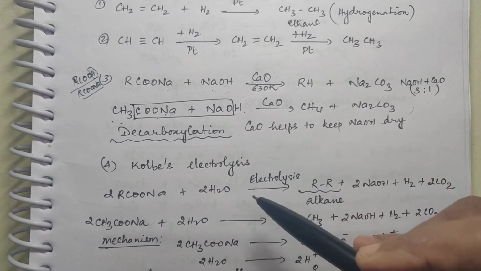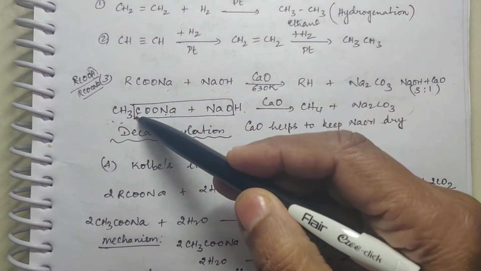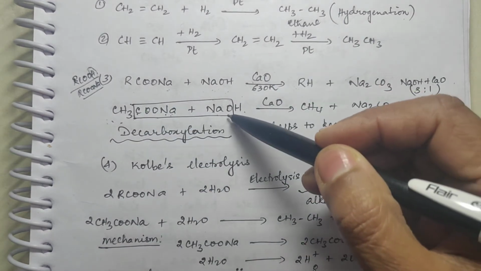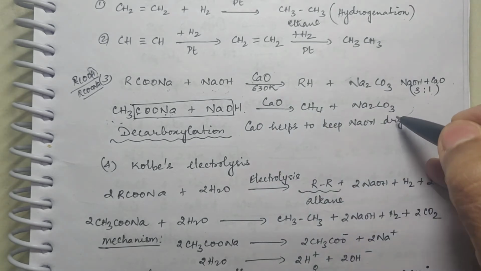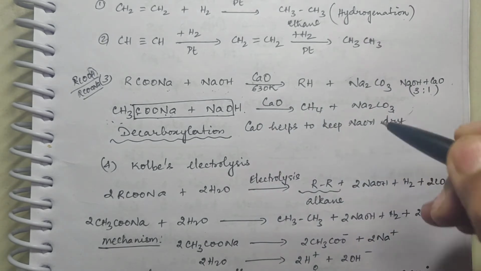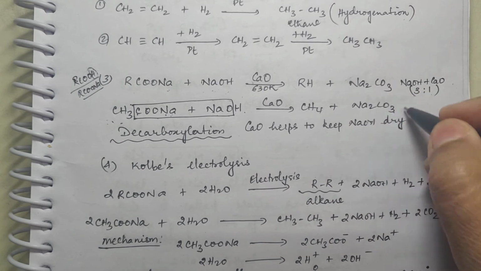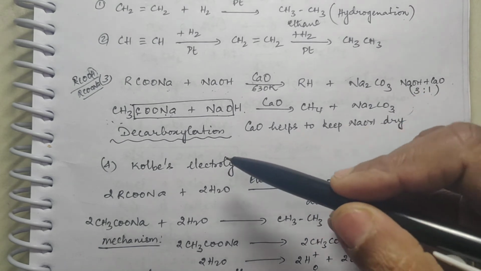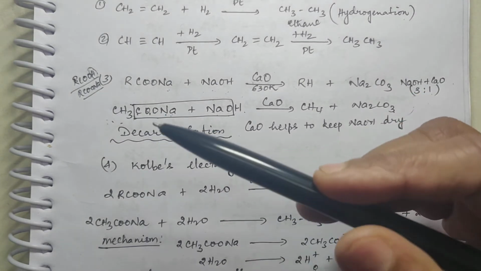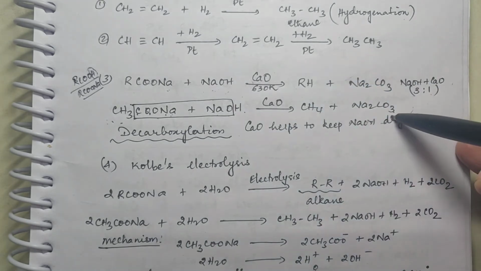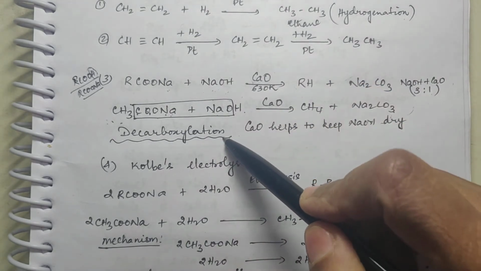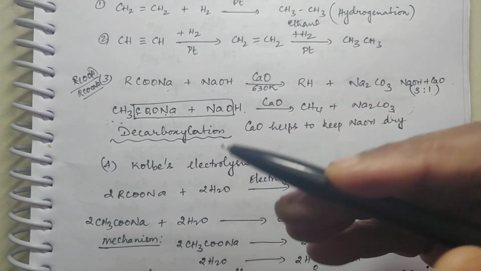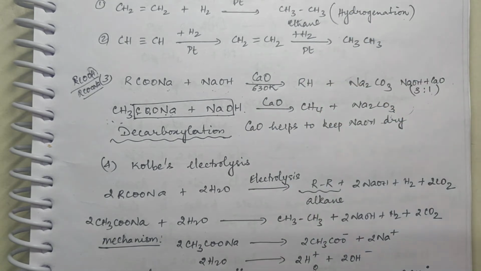This CO2 in the presence of alkali will get released in the form of the corresponding salt of it, that is sodium carbonate. Is that clear? Since carbon dioxide is released in the process in the form of Na2CO3, the process is called decarboxylation, that is carbon dioxide removal.